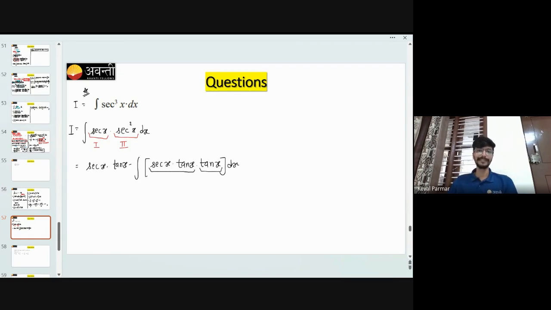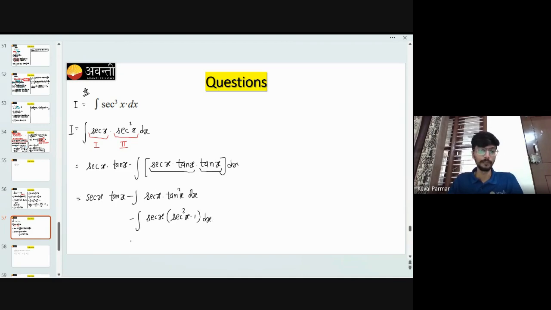This is the integration of second function. So I'll get sec x into tan x minus integration of sec x into tan x into tan x, which is tan square x dx. Now here I can write tan square x as sec square x minus 1.